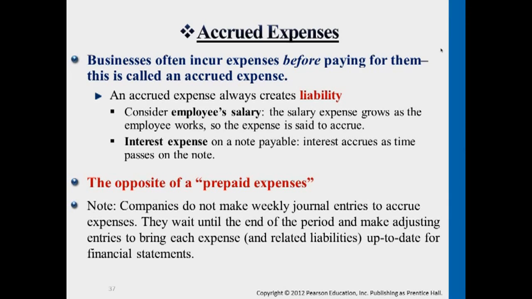Okay, so the idea here is the opposite of prepayments, because prepayments mean we are paying money in advance for a certain benefit in the future. In that case, you're giving away cash early on. In this case, you have already received the benefit, either from an employee who has been working for you but you haven't paid the check, or from interest expense, where you borrowed money and have been using it but haven't paid the interest amount.